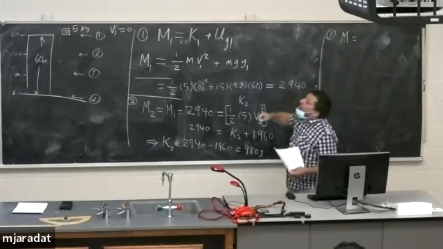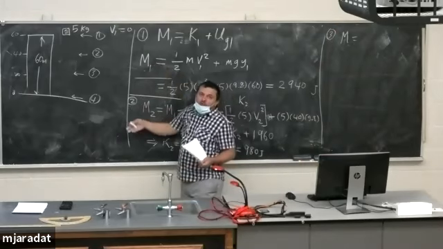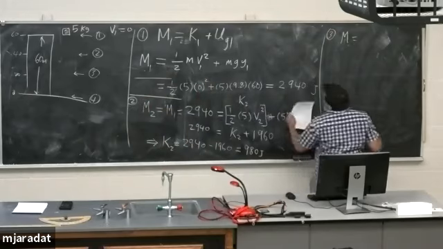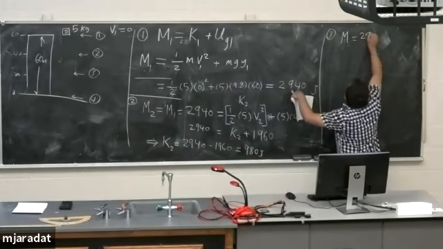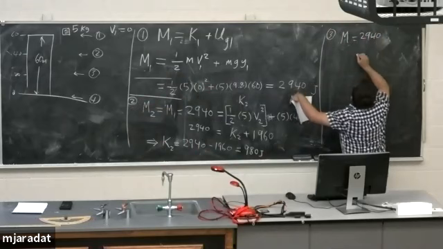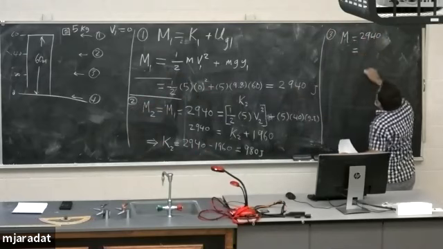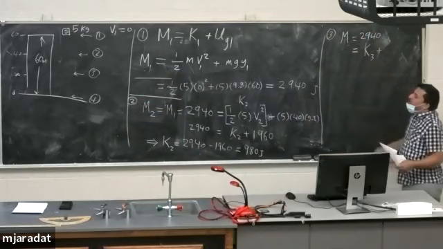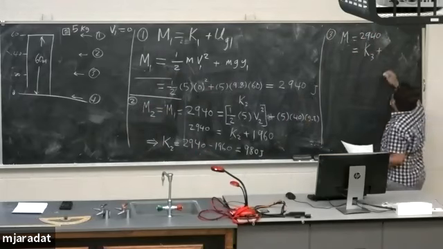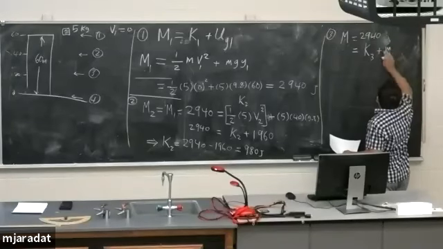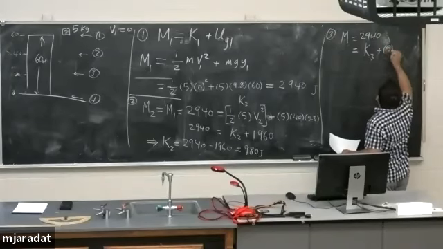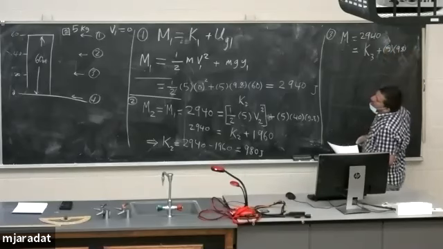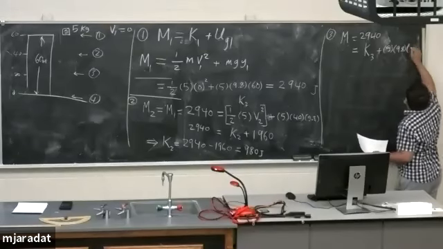We don't need to name the mechanical energy by 1, 2, 3, and so on, because it is the same. The mechanical energy is always 2,940 joules. It is equal to the kinetic energy at point number 3 plus the potential energy at point number 3, which is m, 5 kilograms, times g, 9.8, times the altitude at the third point, which is 20 meters.